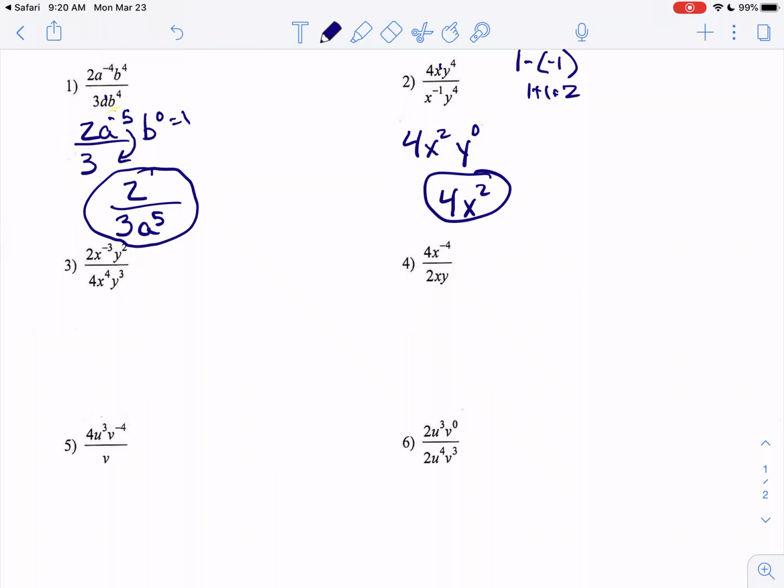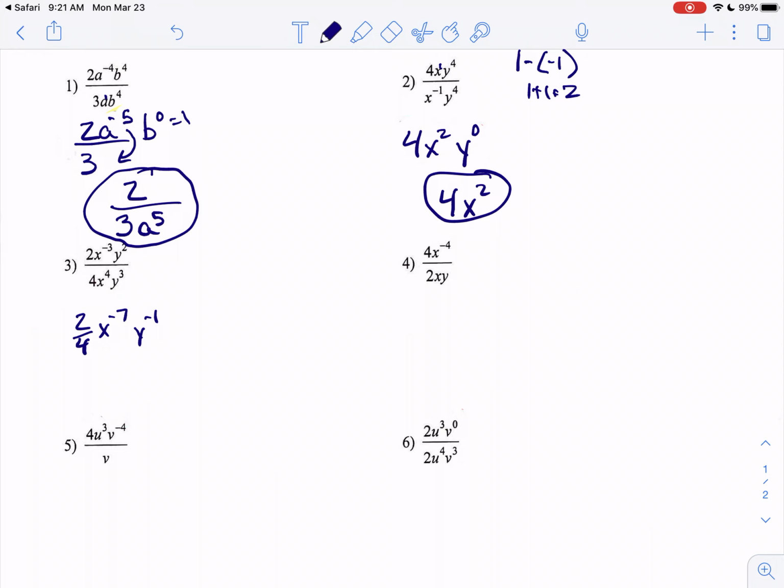2x to the -3rd, y squared, over 4x to the 4th power, y to the 3rd power. So 2/4, I'm just going to leave as is for now. So 2/4, then -3 minus 4 is -7, so x to the -7th power, and then 2 minus 3 is -1, so y to the -1st power.